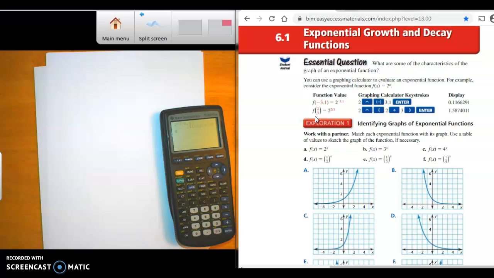Okay, here's another example. f of 2/3 equals 2 to the 2/3 power. So we'll clear this one, put in 2, arrow, open parenthesis, 2 divided by 3, close parenthesis, enter.